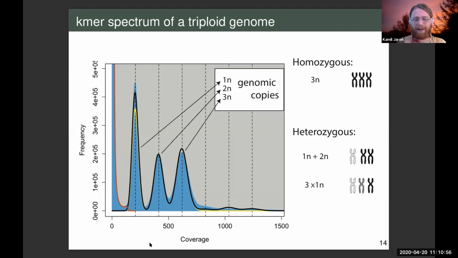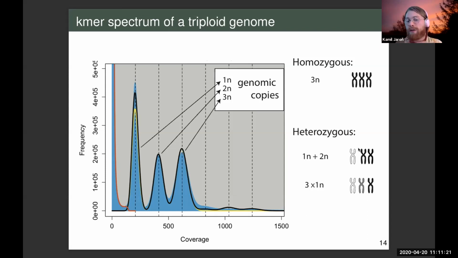So instead of 2 peaks, we have 3 peaks. The first peak, again, is 1n, the second peak is 2n, but we also have the 3n peak. And the Kmers belonging to these 3 peaks are basically of 3 different types. So we have homozygous Kmers, those that are the same between 3 loci in the triploid genome, so they are in 3n copies.